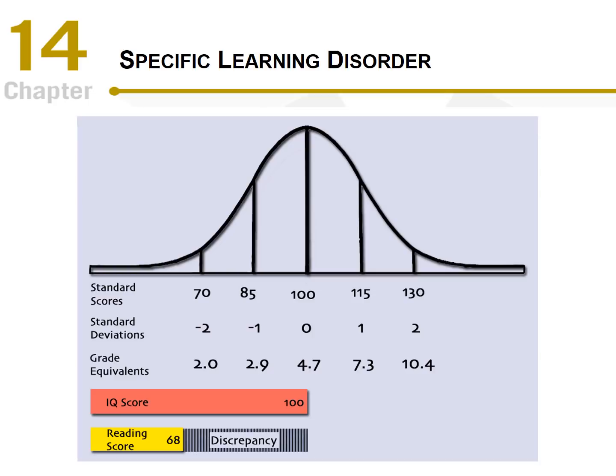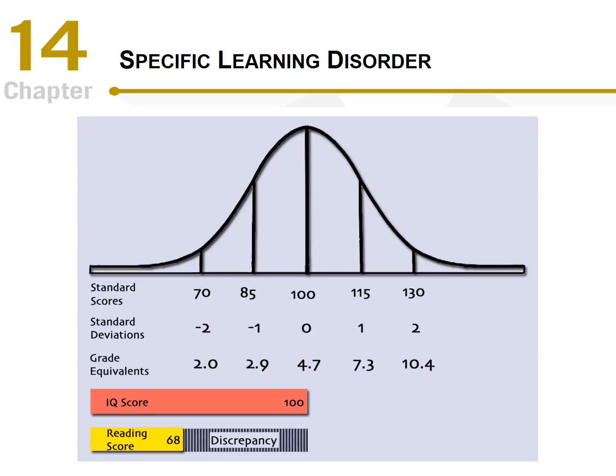This is a similar scale to IQ: a mean score of 100, standard deviation of 15. So we would say that the discrepancy between 100 in their intelligence and a 68 in their reading is significant. Previously, that was one of the primary criteria we used to diagnose a learning disorder.